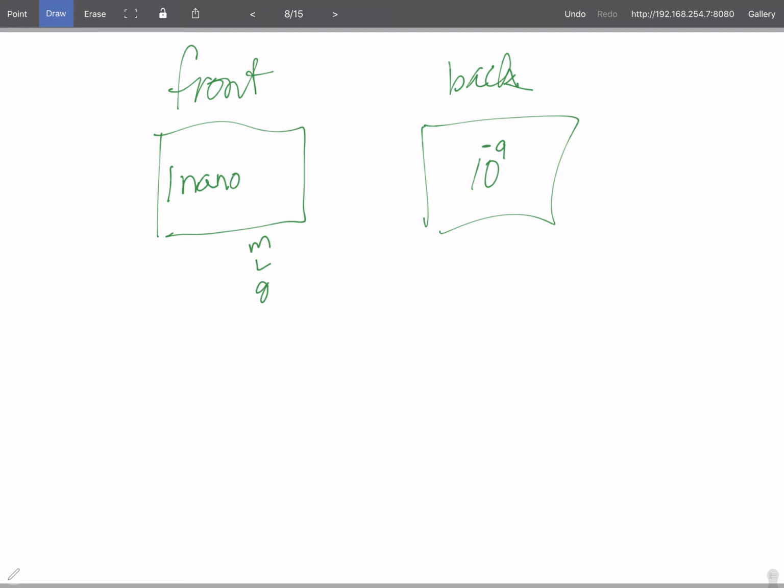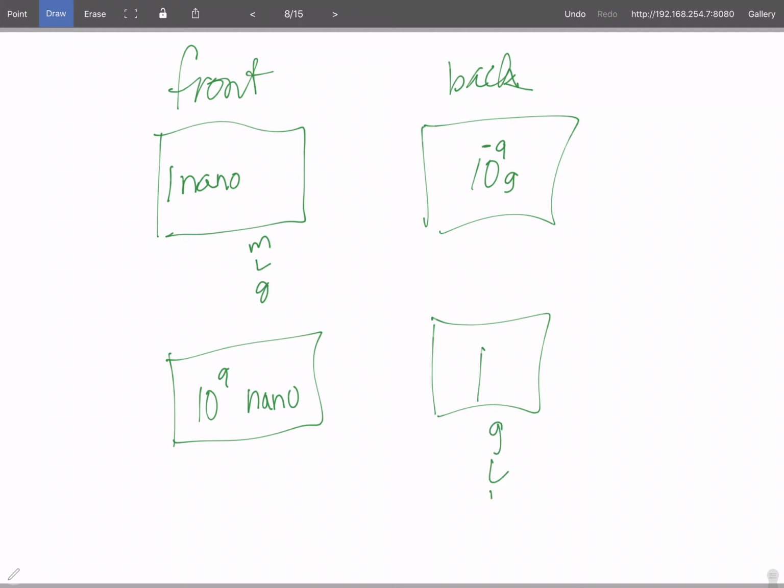So 1 nano is 10 to the minus ninth, or you can say there are 10 to the ninth nanos equal to 1. Okay? Gram, liter, meter, etc.